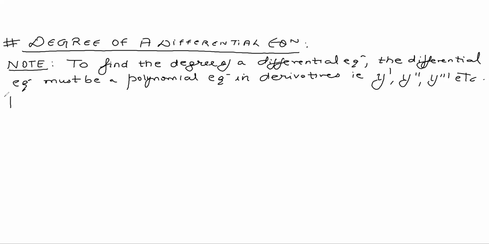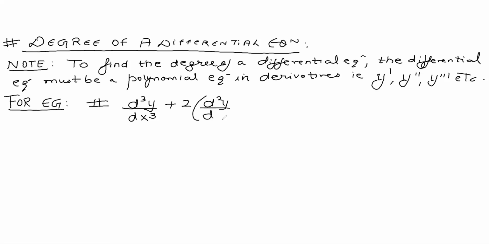For example, let's consider the differential equations. I am writing a few differential equations on the screen. D cube y by dx cube plus 2 times d square y by dx square, whole square, minus dy by dx plus y equal to 0.